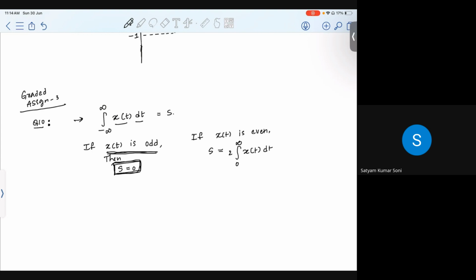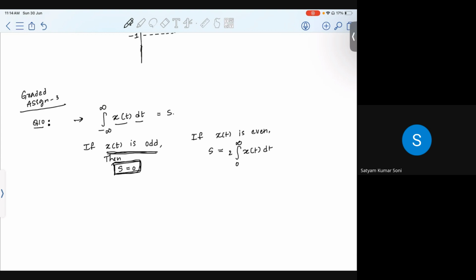Integration is just the sum over all the continuous values of t. Otherwise, if x of t is an even signal, then this sum is 2 times the integral from 0 to infinity of x of t dt. So there are a couple of points that you may have to note.